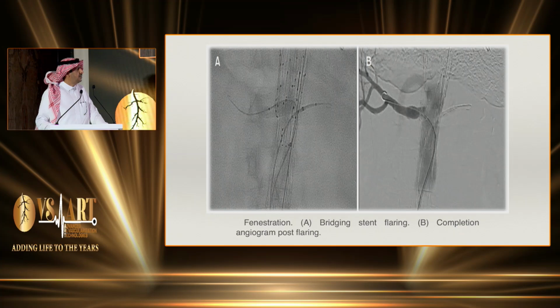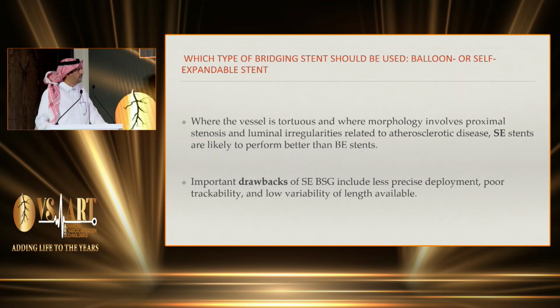Again, the fenestrated graft can use balloon expandable, and we flare the proximal end at the fenestration site to guarantee the sealing. So in general, where the vessel is tortuous and where morphology involves proximal stenosis and luminal irregularity related to atherosclerotic disease, self-expandable stents are likely to perform better than balloon expandable. An important drawback of the self-expandable stent is less precise deployment and poor trackability.